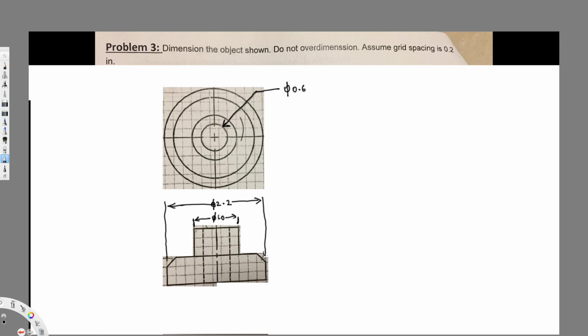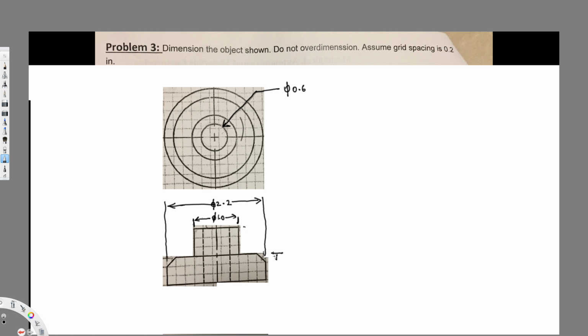Now we have to measure the height for sure. There are two different heights. The big cylinder has a height and the small cylinder has a height. Let's start from the small one. If I measure it, it's going to be 3 boxes.